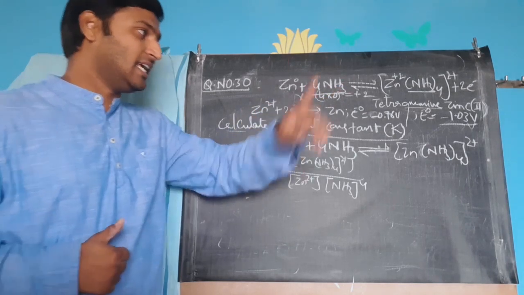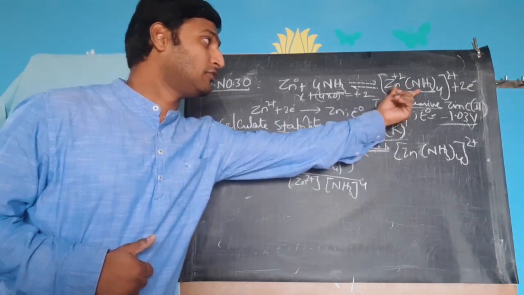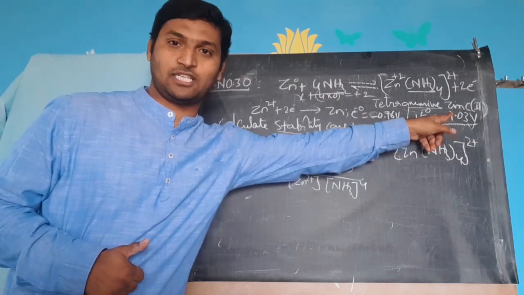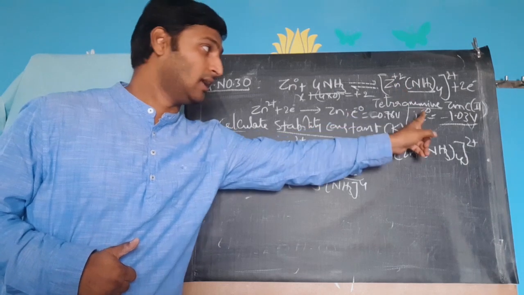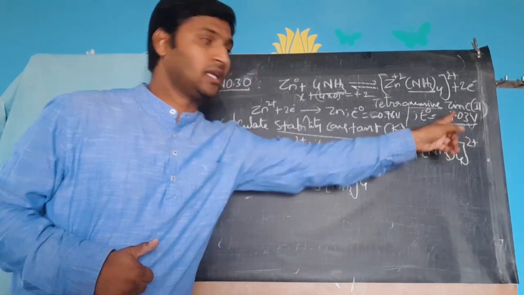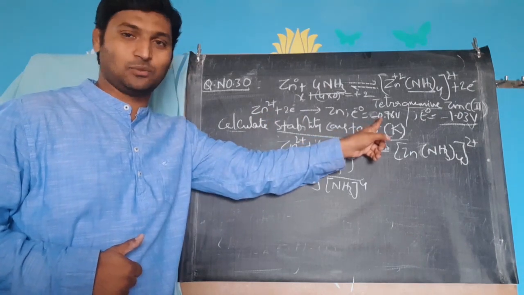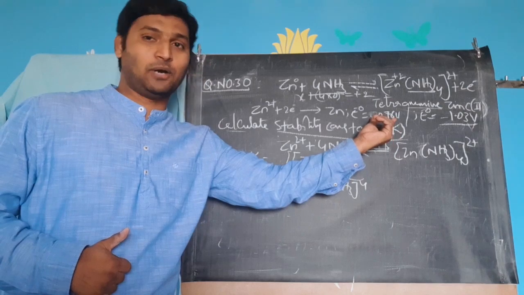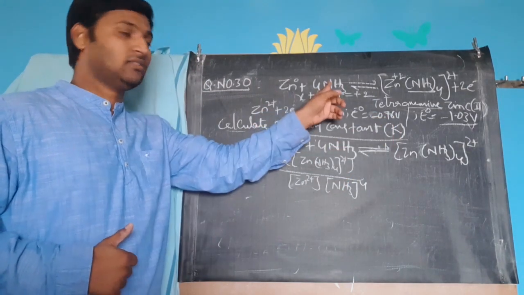If you look into the question, he has clearly given you E0 for the complex / zinc plus ammonia as minus 1.03 volts. That means reduction potential only he has given for this reaction. And the reduction potential for zinc undergoing reduction he has given as this one. Now, which is the larger value? Minus 0.76 is the larger value. So we are pretty clear, this would be cathode, that would be anode.